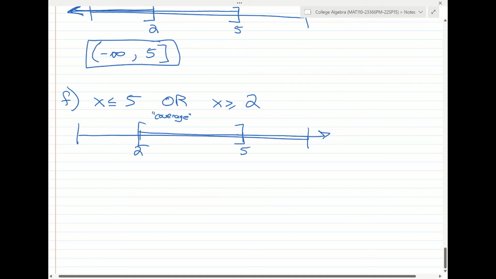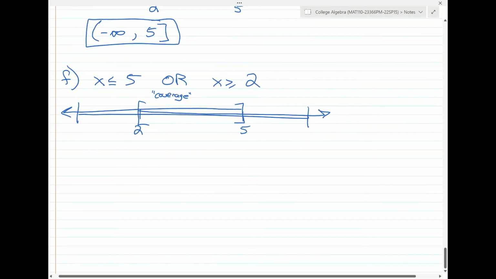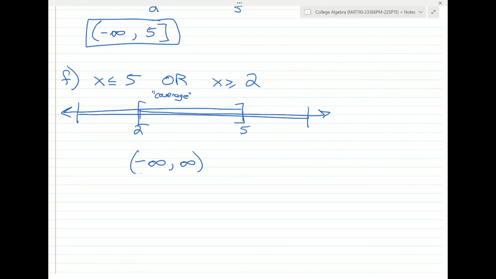Here's all numbers that are less than or equal to 5. Negative infinity to positive infinity. The entire number line is shaded, right? If this was an AND problem, we would just be looking at this middle. It's important that we know the difference between OR and AND.